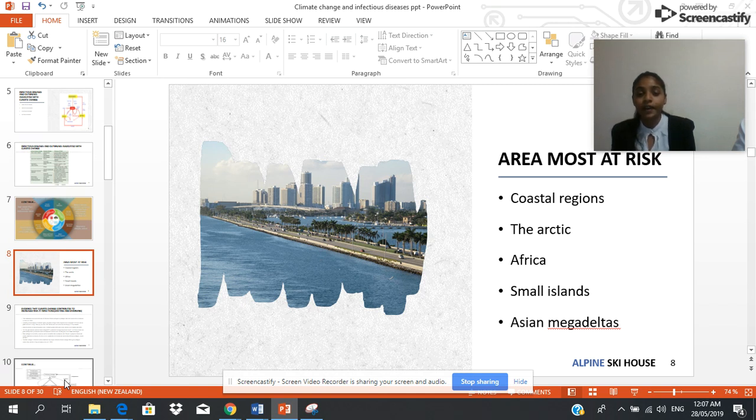It can cause floods and droughts in these areas, and it directly leads to waterborne diseases as well as vector-borne diseases. Because of ice melting, the Arctic regions can also be affected, especially the ecosystem. And because of rising temperature, the Africa region and Asian megadeltas can be affected by droughts and floods.